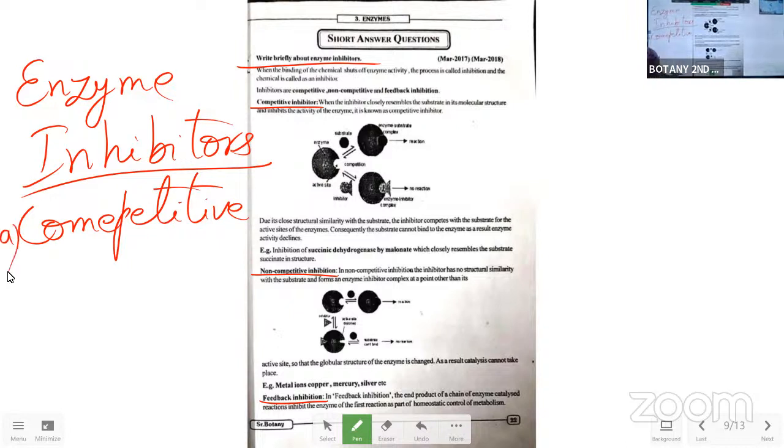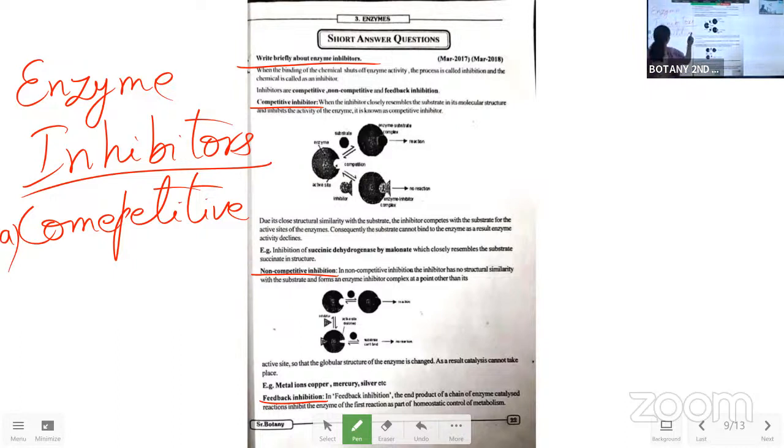What is meant by competitive inhibitor? When the inhibitors have the same structure as the substrate present for the enzymatic reaction, these inhibitors will stop the enzyme binding to the substrate and stop the product formation. That is called the competitive inhibitor.